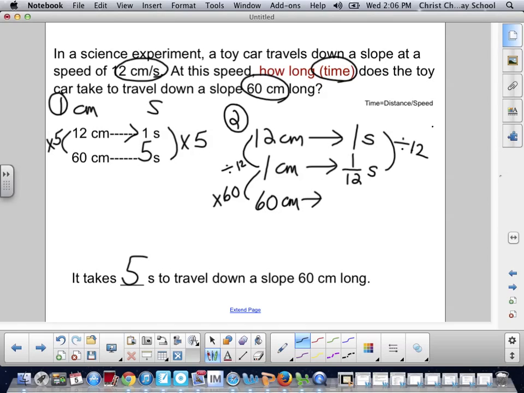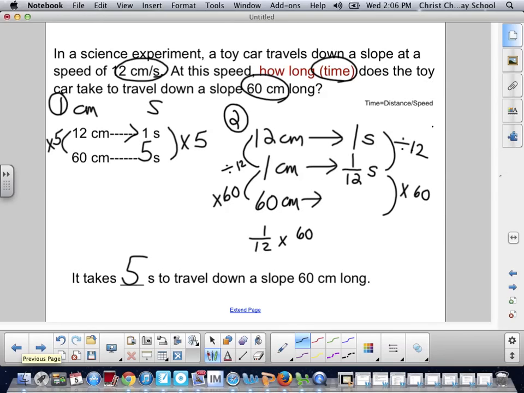Well, 1 times 60 will definitely give me 60. And again, what I do to one side, I must do to the other side. So I'm going to say 1/12 times my 60.